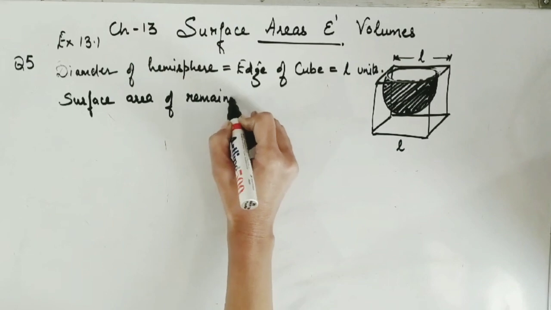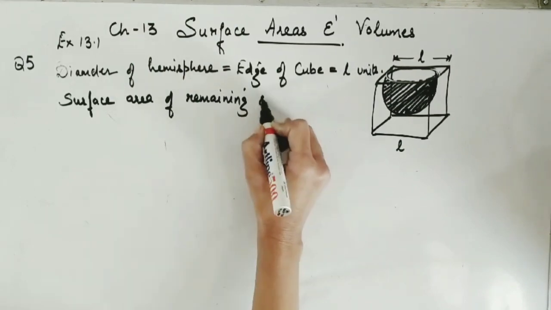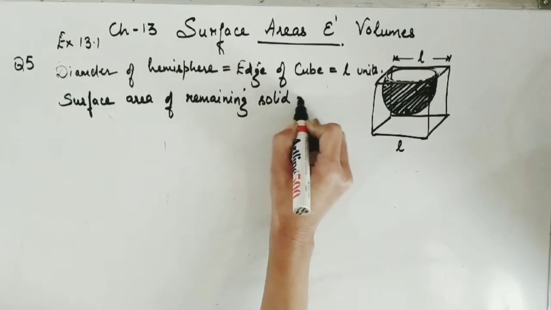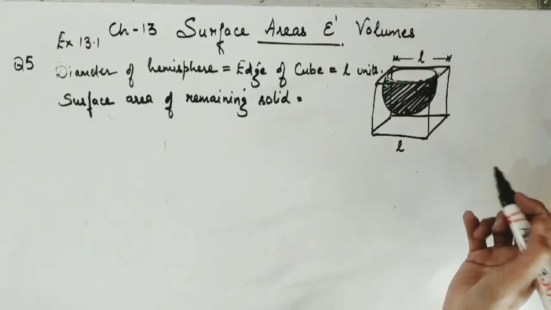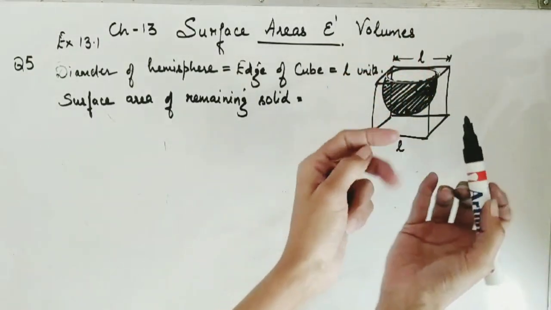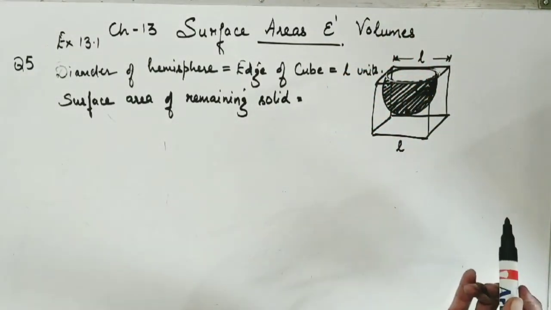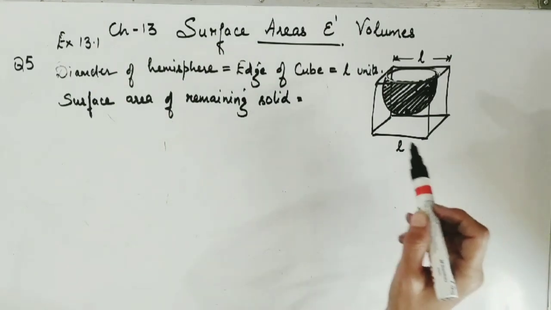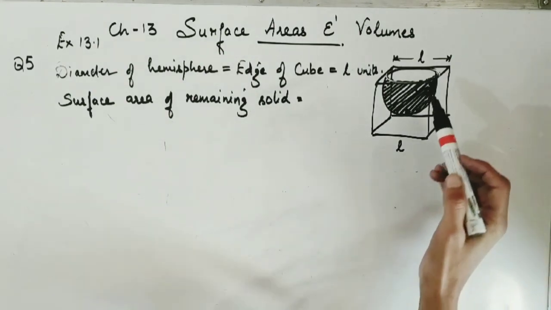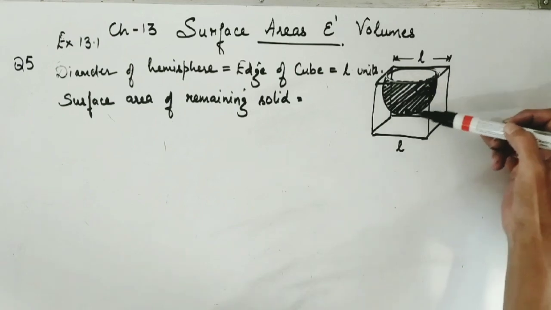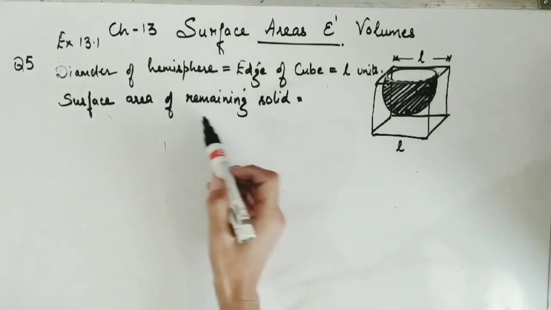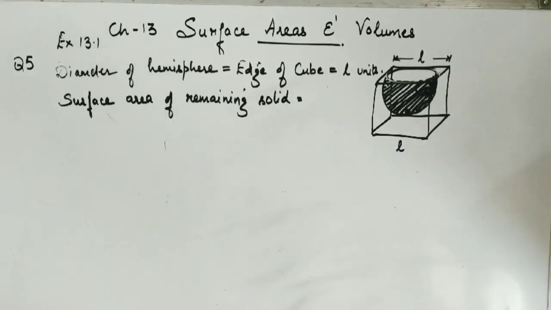Remaining solid, why is the word remaining used here? Because some amount is taken out. That wood has been, is it wooden? Yes, it's a wooden cubical block. From here some portion of wood goes out. So what is the remaining solid with us?